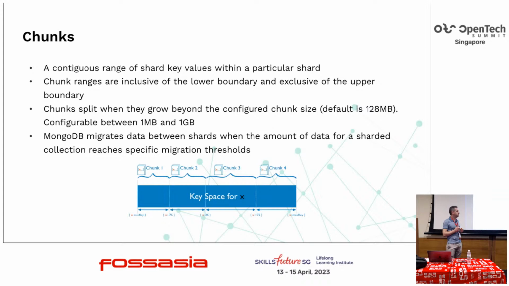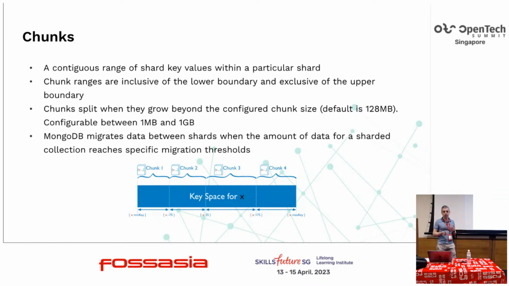And the data in the cluster is separated into logical units called chunks. So that's just a continuous range of documents. Starting with MongoDB version 6, the default chunk size is 128 megabytes. Previously, it was 64, and it's customizable. We can configure it between 1 megabyte and 1 gigabyte.